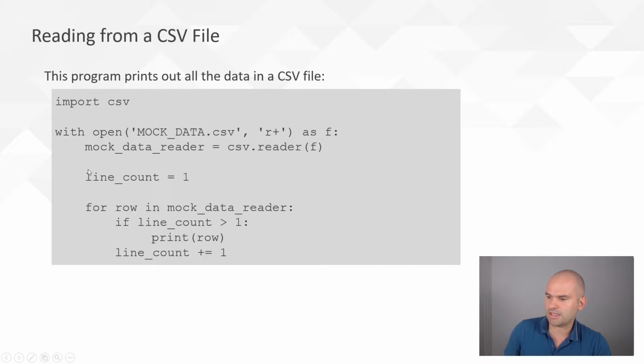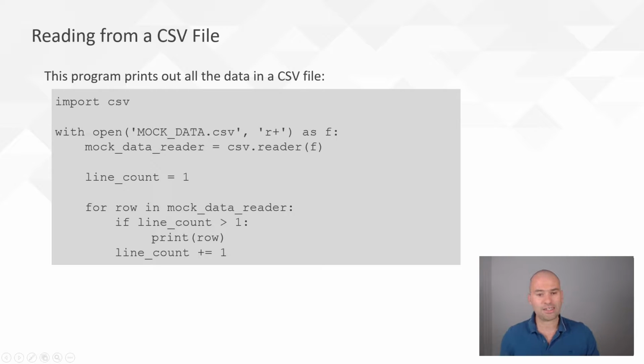We start reading from the first line as opposed to line 0. Line 0 is essentially a header that you can ignore. So in here, we go through lines above 1 and print individual rows.